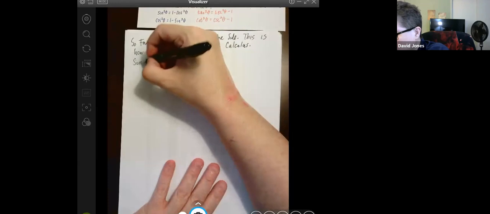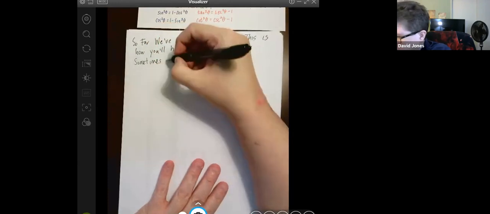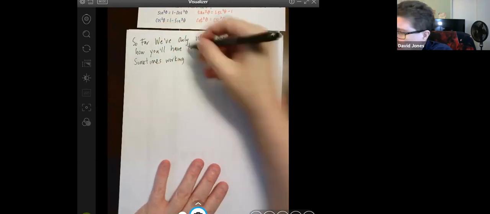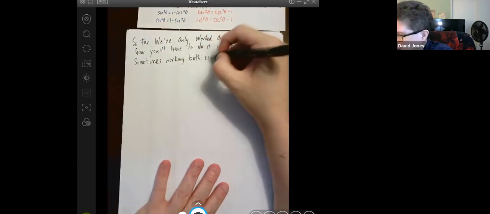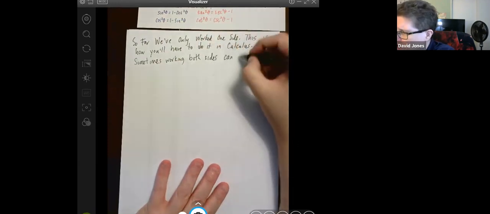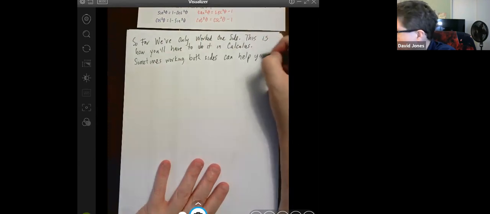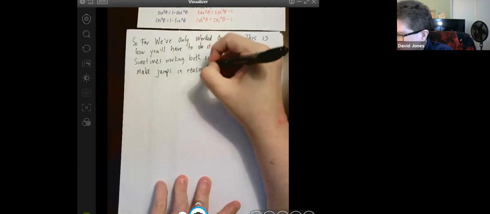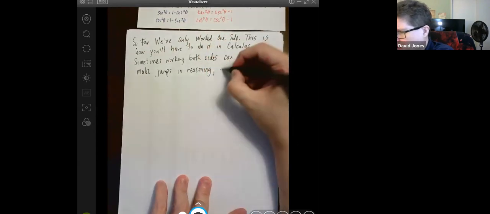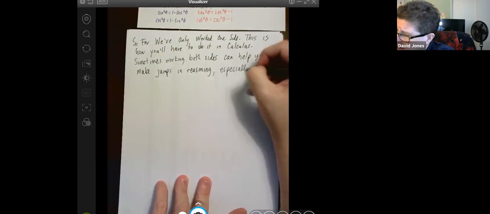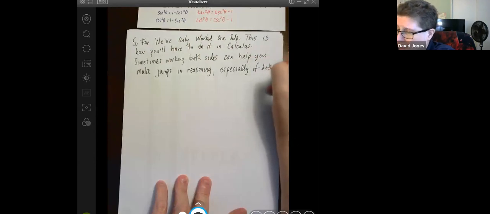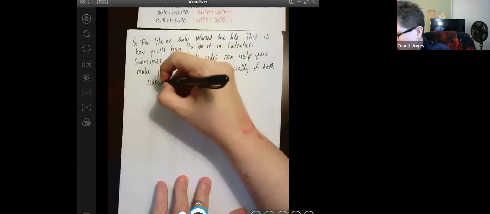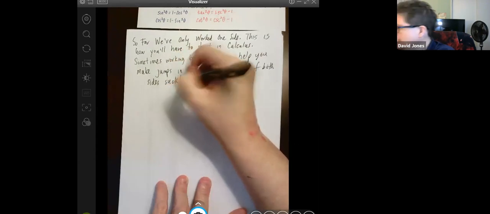Sometimes working both sides can help you make jumps in reasoning, especially if they're both crappy. Both sides suck. All right.